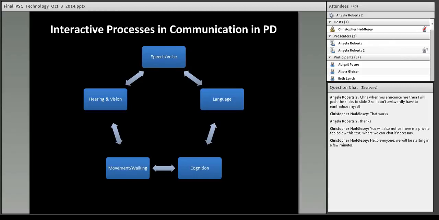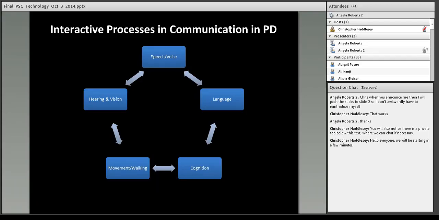The process of communicating in Parkinson's disease is complex, as it is for every individual. We talk about these interactive processes, meaning that within Parkinson's disease, challenges in speech and voice, language, cognition, and thinking skills all affect how well individuals are able to communicate.